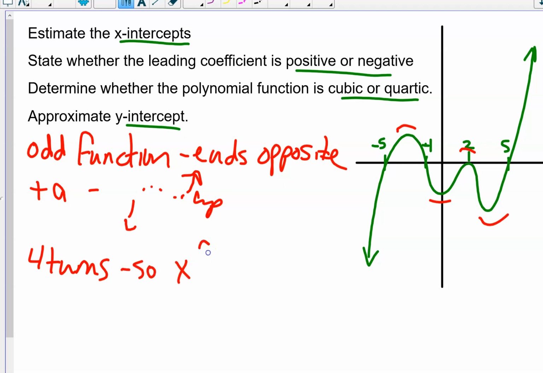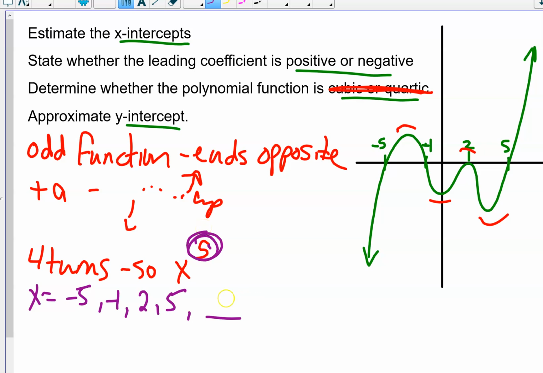So it's an x to the 5th power, which is quintic, but I need to fix that. It's not cubic or quartic. It's actually to the 5th power. And the x-intercepts are going to be -5, -1, 2, 5, and we're expecting one more because the number of zeros or solutions should be 5.